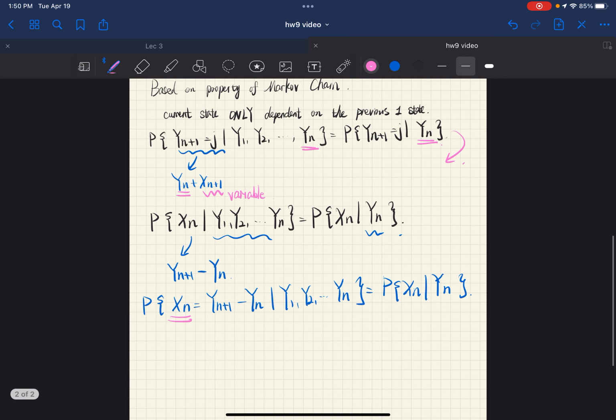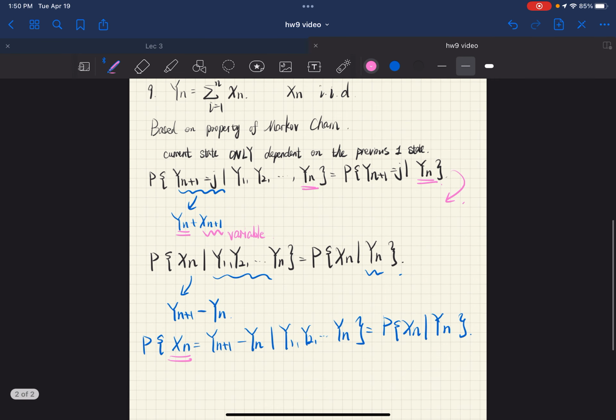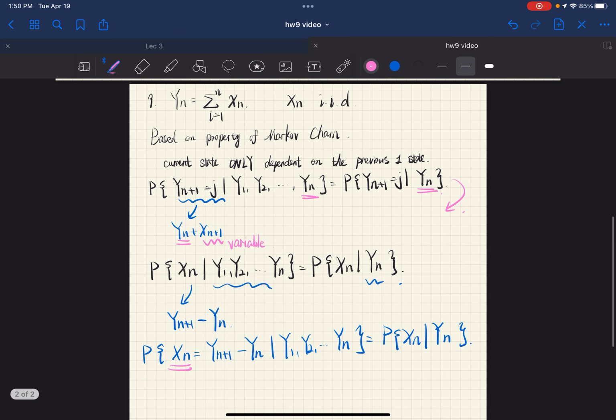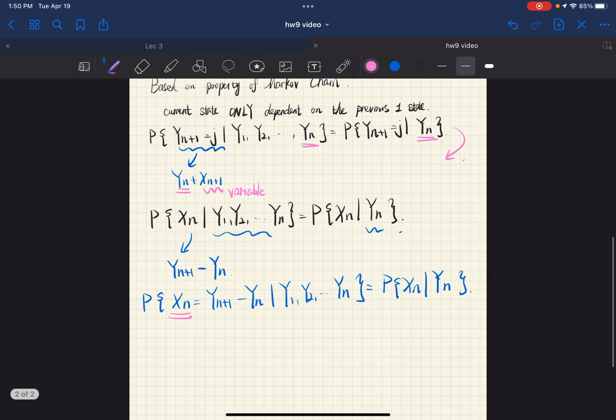So what we need to show is that Yn follows a Markov chain. So here we can represent this as equal to the probability of Yn plus 1 under the condition of y1, y2. Just rewrite this equation.